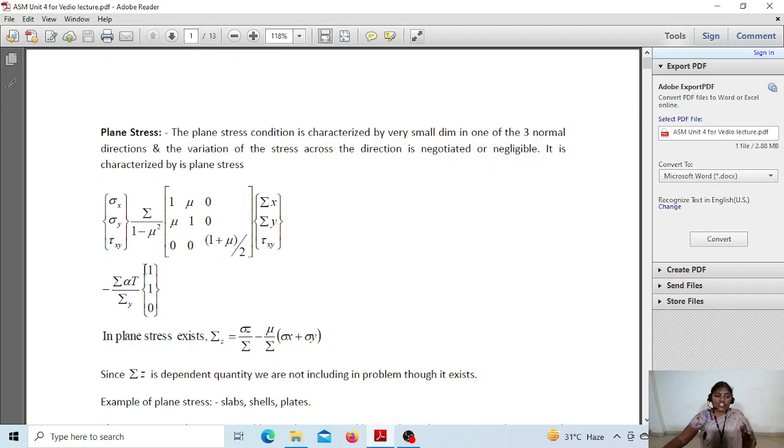Of course, here it is given minus E alpha t by (1 minus mu) into 1 1 0. This is the temperature effect, you have to take it into consideration.